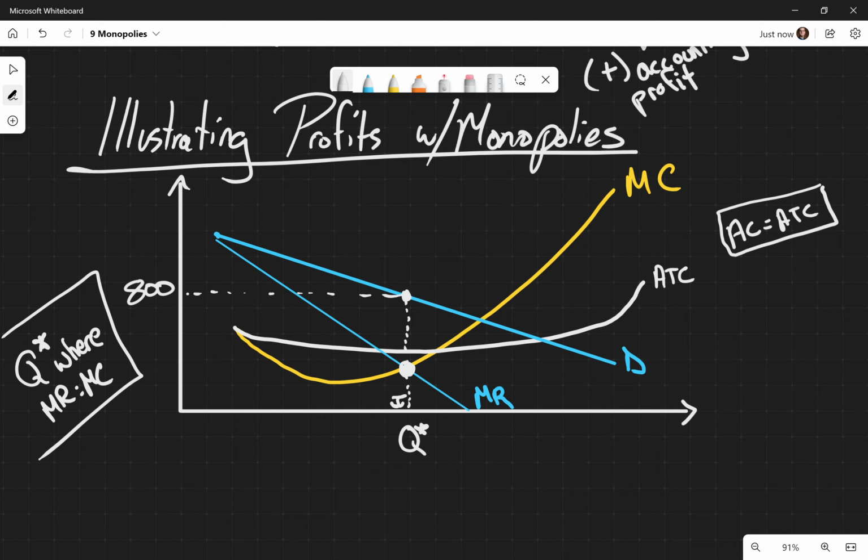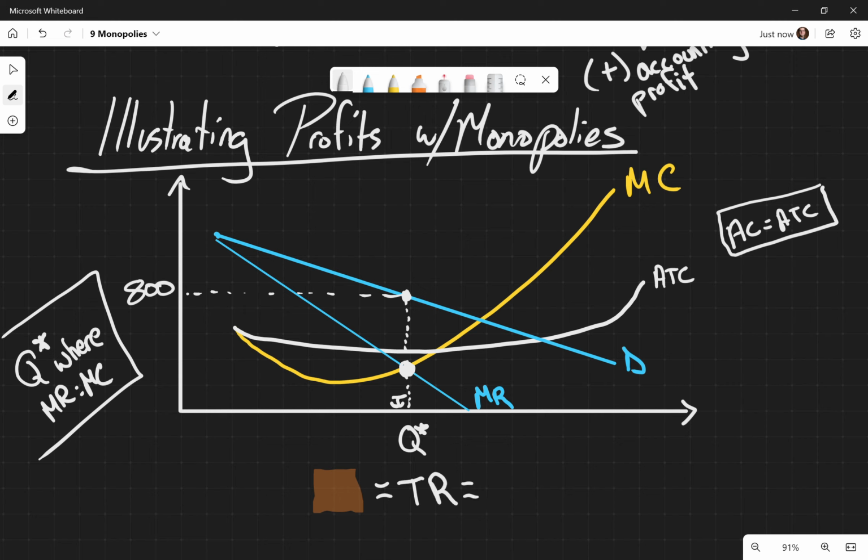When we have these graphs, it's important to sometimes slow down and ask, what are the different sections of the graph? So for this one here, this is going to be my total revenue rectangle.